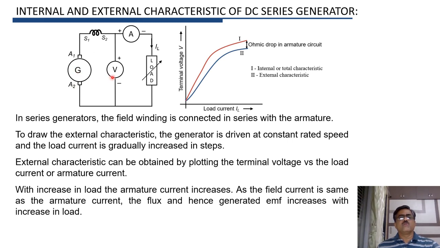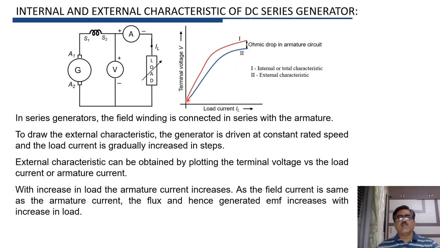Therefore, terminal voltage V also increases. You can see from this external characteristic that as load current increases, terminal voltage also increases in case of DC series generator. But for higher values of load current, after saturation of field poles, the flux will not increase, and therefore generated EMF and hence V will also remain almost constant.